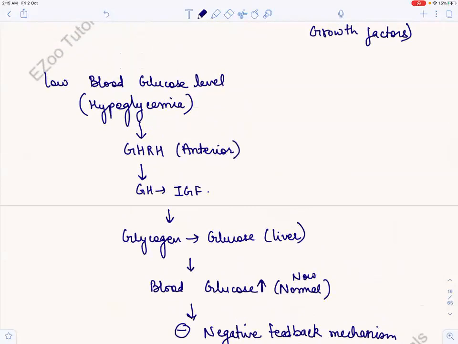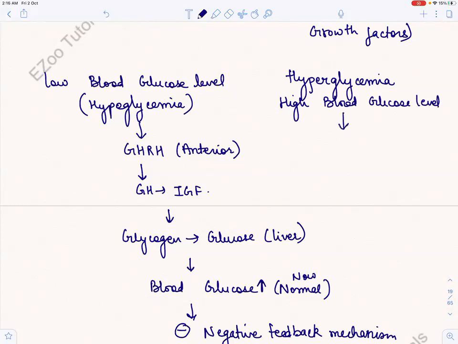Now let us see what happens if there is a hyperglycemia. Hyperglycemia, you know now what is hyperglycemia? High blood glucose level. What will it do? It will stimulate growth hormone inhibitory hormone, right?